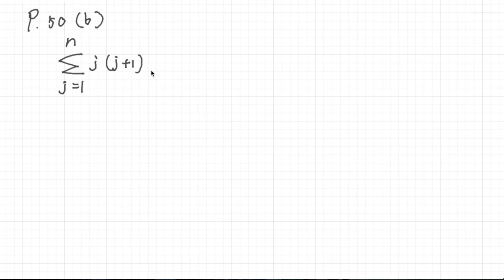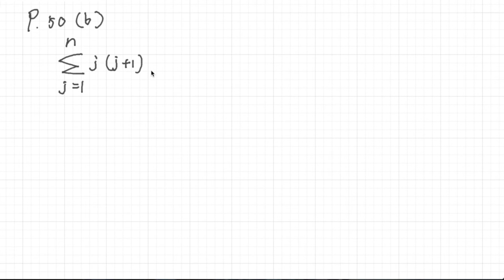So to use another example, still page 50, part B, suppose we had the rule j times j plus 1. You're still going to have the sigma, j still equals 1 to start with, j times j plus 1, and you have n there.